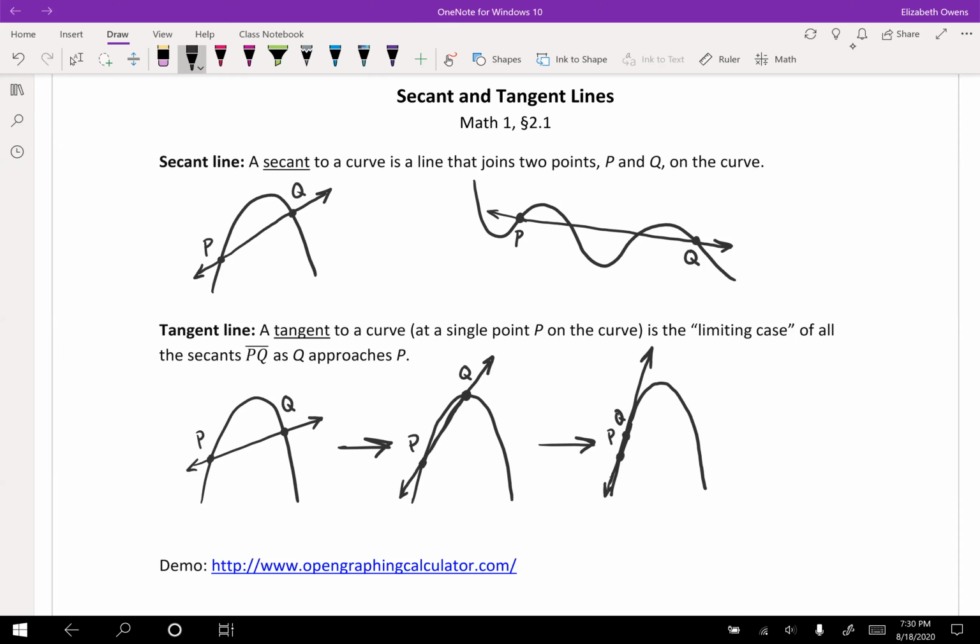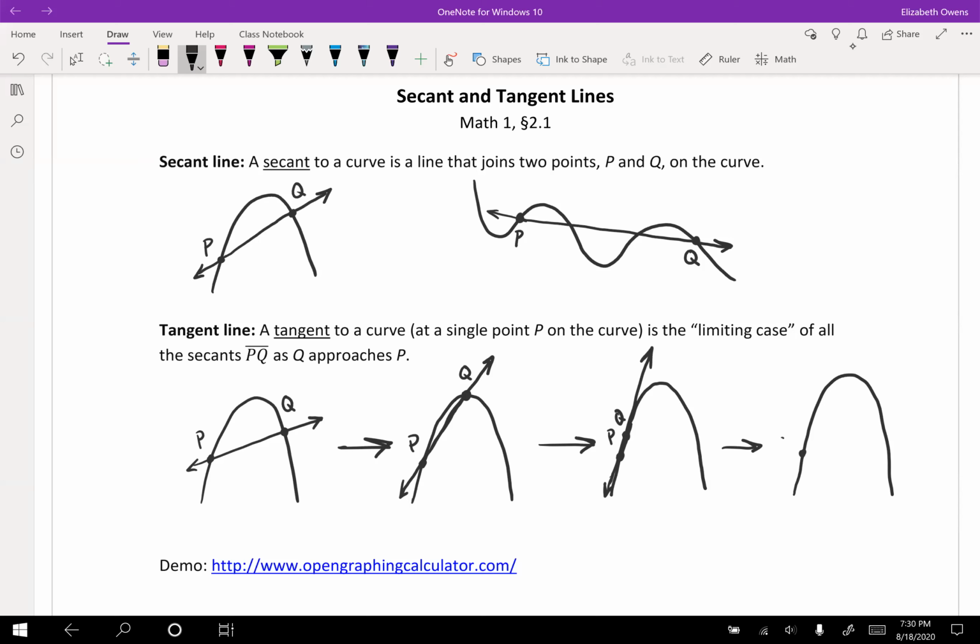If Q approaches P so much that Q and P end up in the same place, that's where we're going to have a tangent line. And then it's going to look like this.